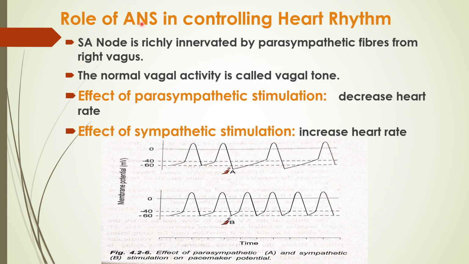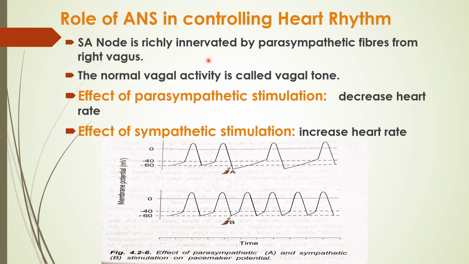And the role of autonomic nervous system in controlling the heart rhythm, that is how the autonomic nervous system affects the sinoatrial node. So the sinoatrial node is richly innervated by parasympathetic fibers from the right vagus. The normal activity of vagus liberates acetylcholine from its nerve endings, which increases the permeability of SA nodal fibers for potassium, producing hyperpolarization due to efflux of potassium.